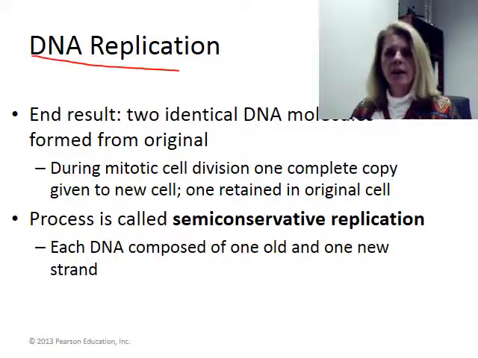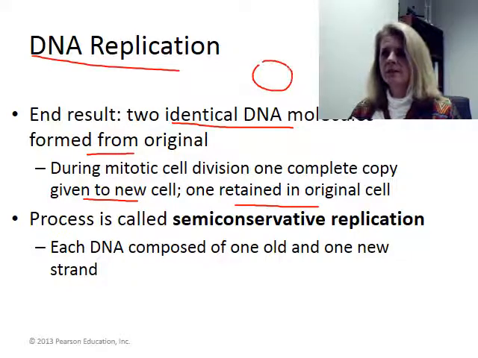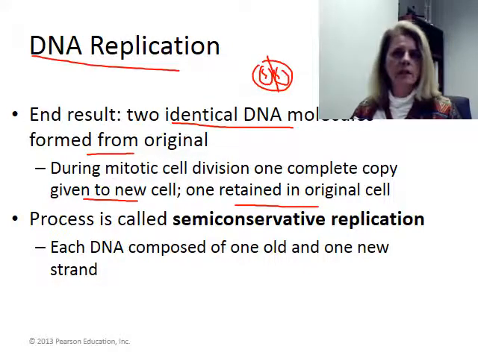So in DNA replication, the end result is you get two identical DNA molecules formed from the original DNA. So in mitosis, when the cell divides, one copy goes to the new cell and one stays in the original cell. So you take this cell, you double the DNA, and then when you split it, the original cell keeps its original copy, and then the new cell has a copy.